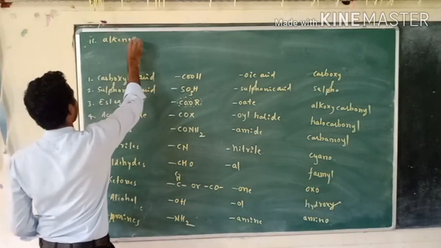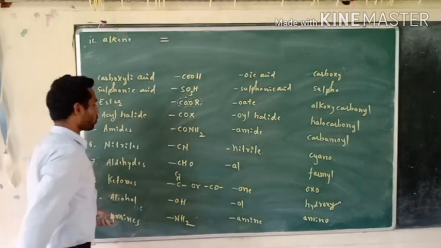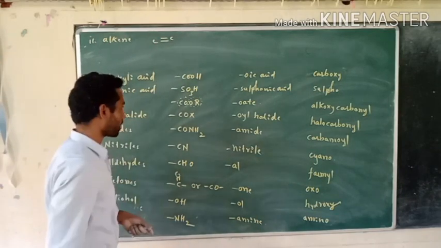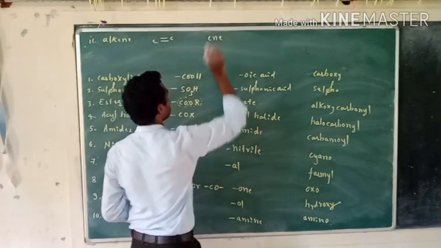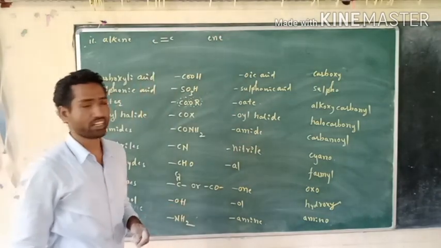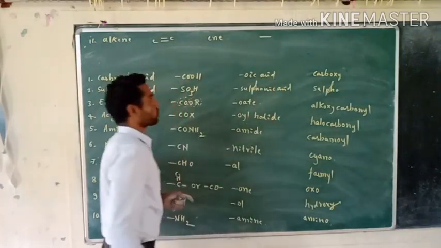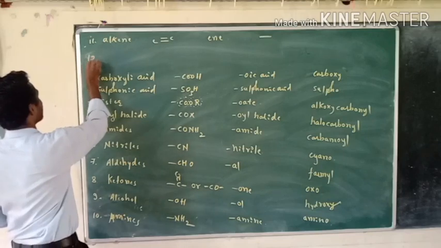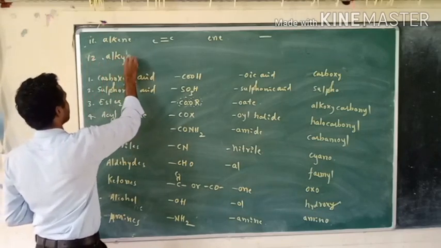alkenes. There should be a double bond between the carbons. So ENE I have to use as a suffix, primary suffix. There is no substituent, so we are not supposed to write any prefix form. The 12th one is alkyne.